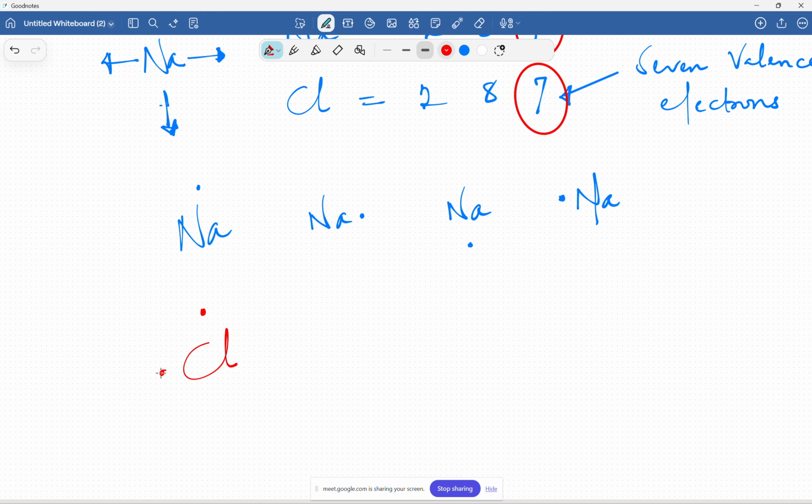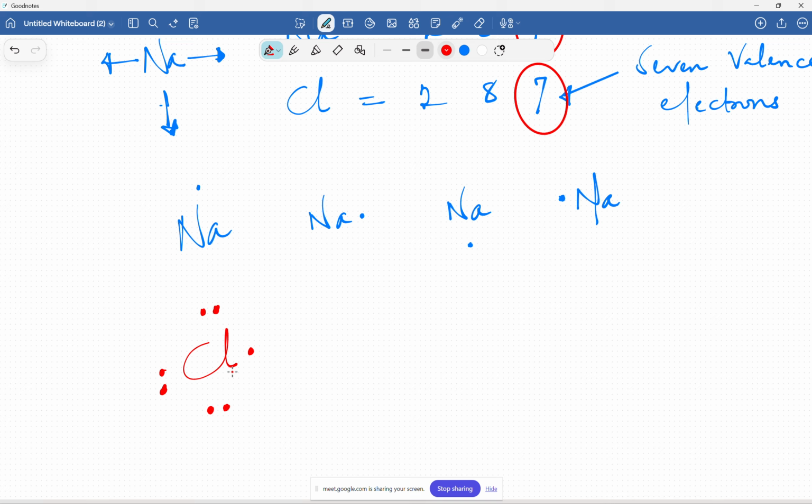You say 1, 2, 3, 4, 5, 6, and then 7. So this is the Lewis structure for the chlorine atom.